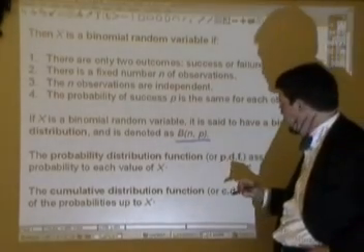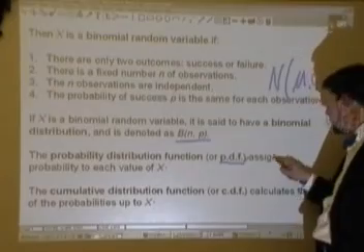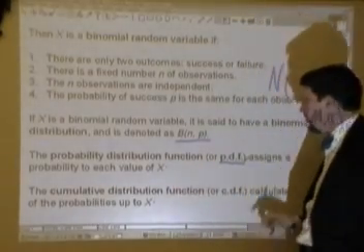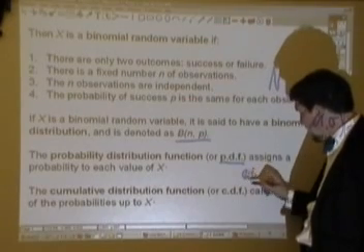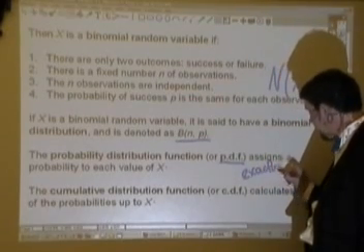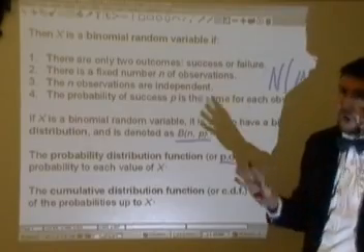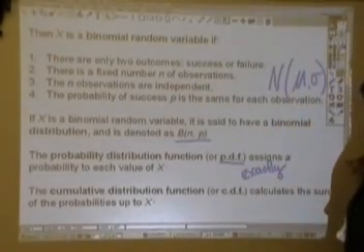The probability distribution function, or PDF, assigns a probability to each value of x. And we use this when we want to find exactly how many there are. We're going to see why that is in a minute.